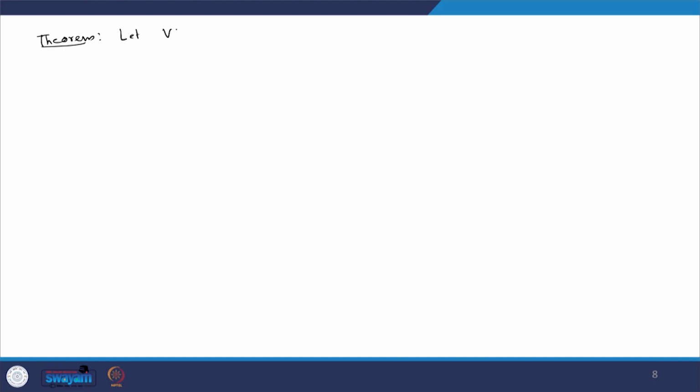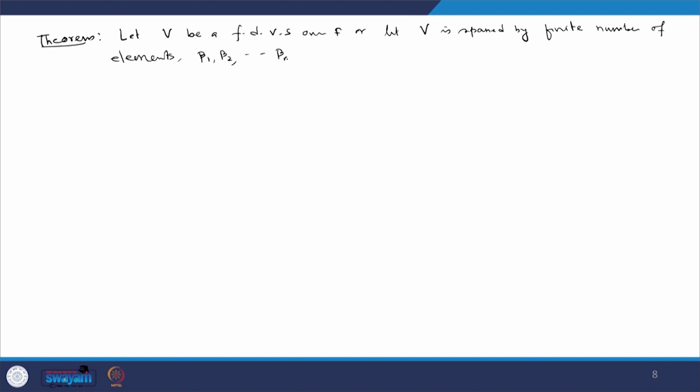Let V be a finite dimensional vector space over the field F, or let V be spanned by a finite number of elements, say beta 1, beta 2, ..., beta m.